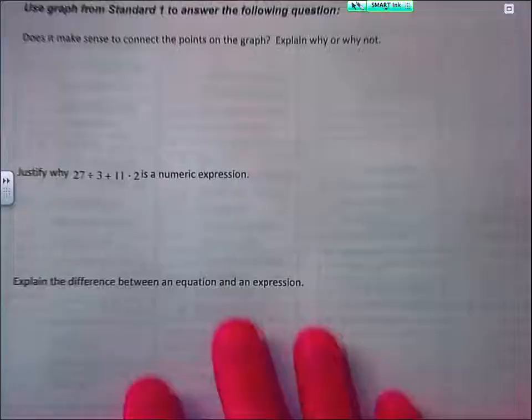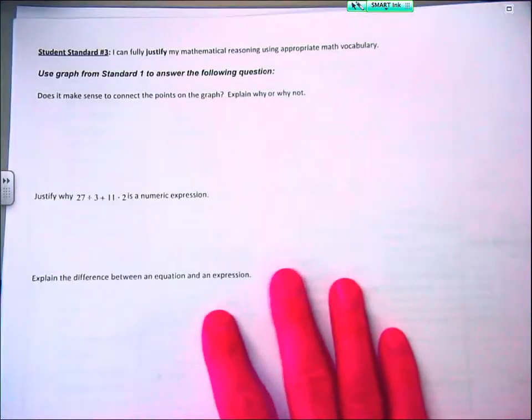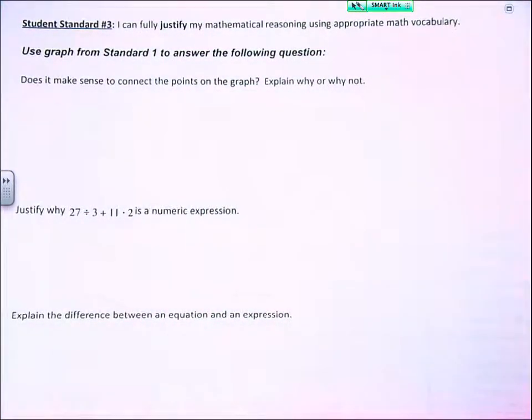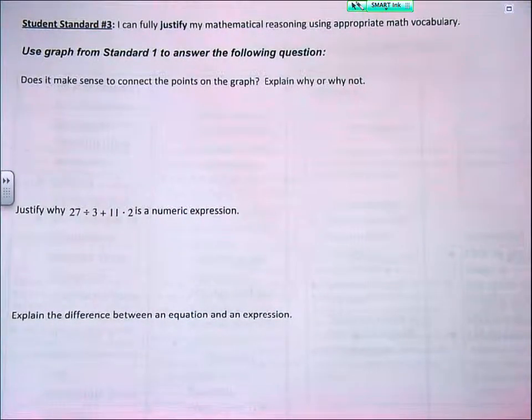Alright, so I'm going to do the justification problem next. As I'm doing these, you guys should be noticing, for a lot of you, that this is the hardest one to do well. The general 6th grade directions I give to improve on this: you need to know and use your vocabulary.